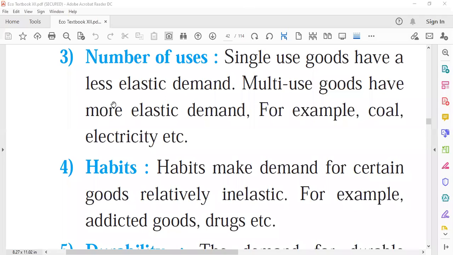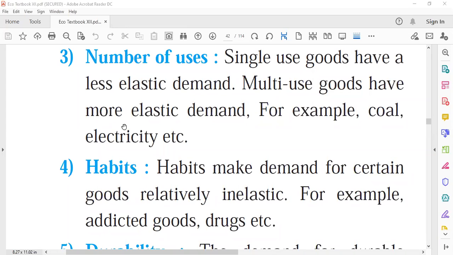But when the price of electricity increases, we will reduce the unnecessary consumption, and therefore the demand for electricity decreases. Therefore, any commodity having more uses, a multi-purpose good, will have relatively elastic demand.